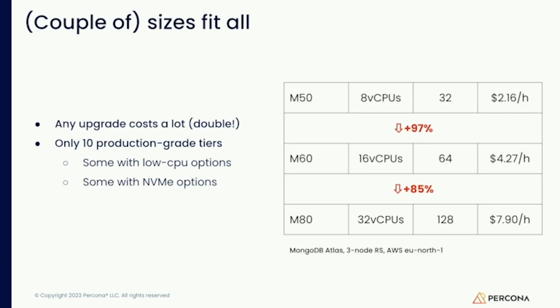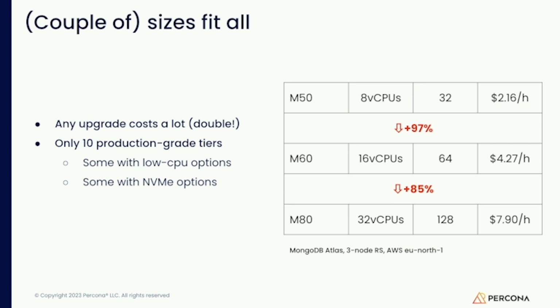So then once you're using your credit card to solve your performance problems, you actually need to scale the instance, and that means go to a higher tier. And I have an example here from MongoDB Atlas, where in most cloud regions we have more or less 10 production grade tiers. Some have additional options like NVMe storage or low CPU, so we have a different ratio of CPU to memory.